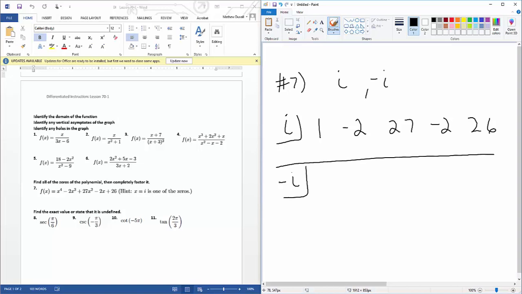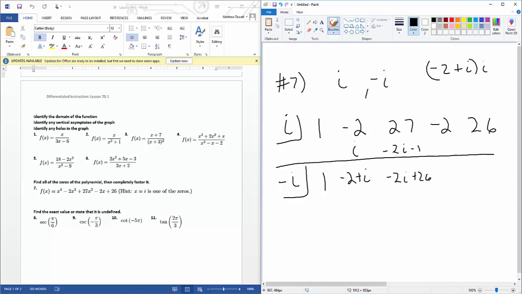Alright, so bring it down, multiply, add, multiply. Now you may have to do that off to the side. So that gives you -2i. i squared is -1. So that's -2i plus 26.